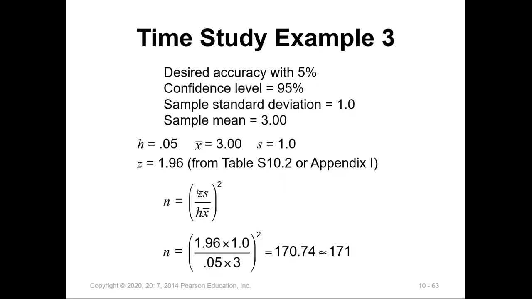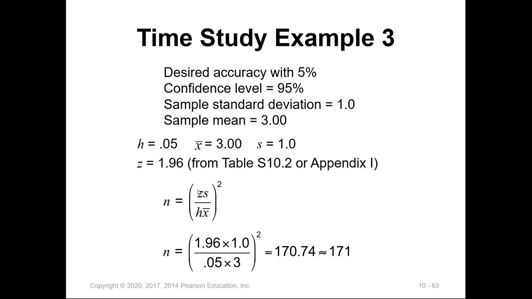The example in this slide will be calculating the sample size required to observe a task at Andy Johnson Manufacturing Company in Orlando with a desired accuracy of 5%, confidence level of 95%, sample standard deviation is 1, the sample mean is 3, which means that h is 0.05, x bar is 3, s is 1, z is 1.96 from the table in the previous slide.